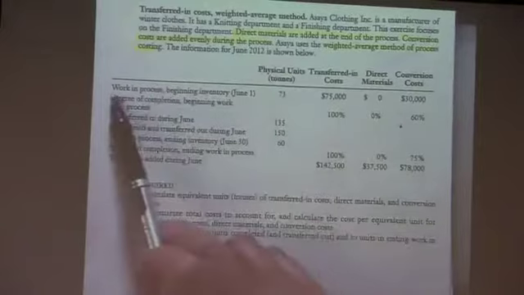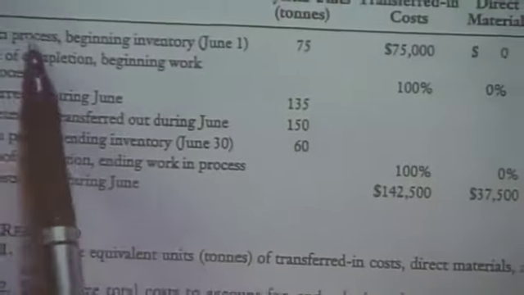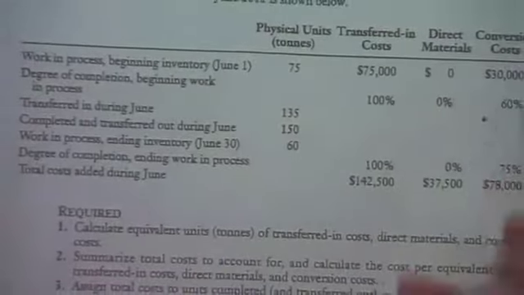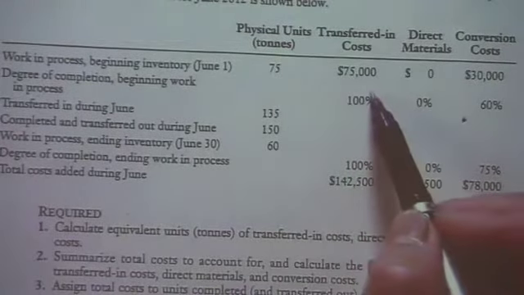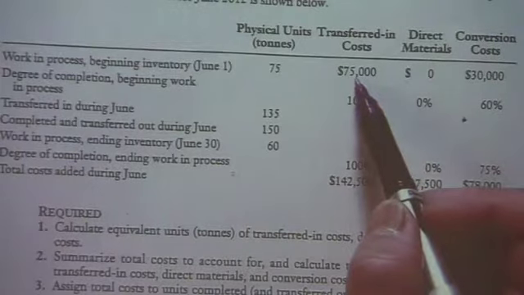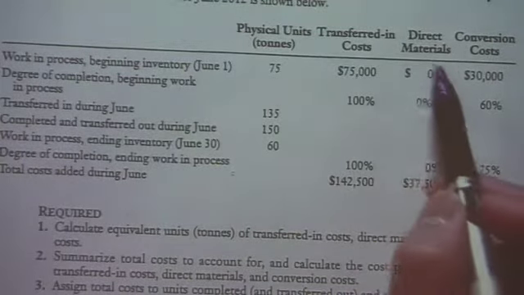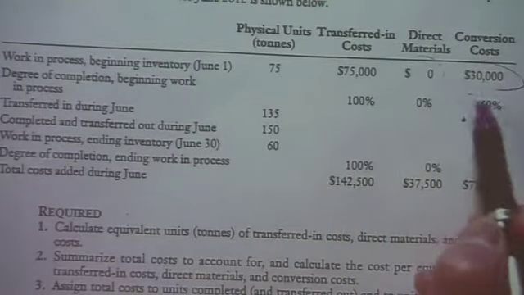And clearly it hasn't been completed because it's in work in progress. And we're told that of that 75, the total cost accumulated in that work in progress is $75,000. And you've got direct materials and conversion cost.